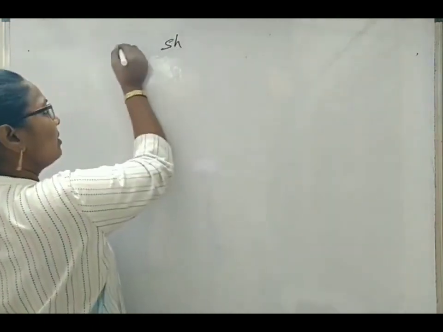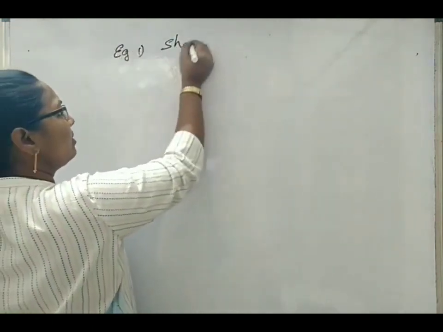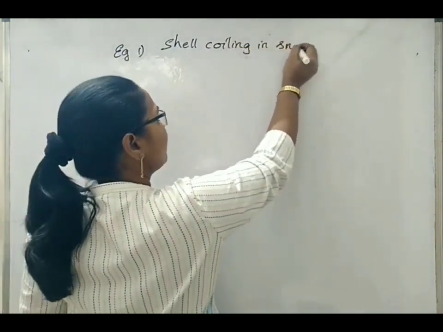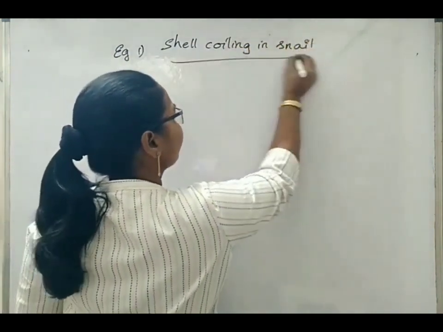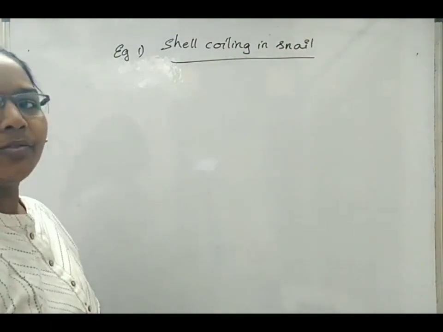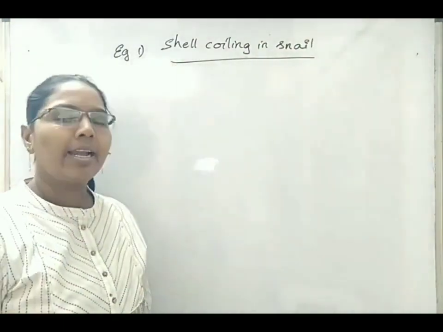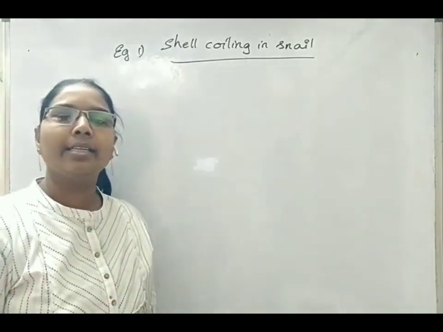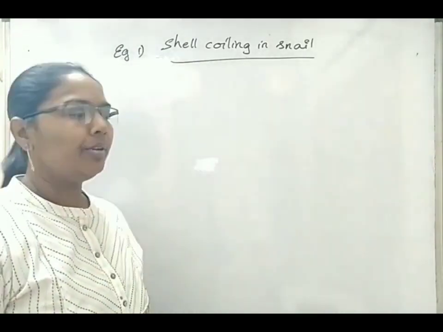Next, example 1, shell coiling in snail. We see 2 different types of shell coilings. One is a right-handed helix, that is clockwise directed, and the other is a left-handed helix, that is anti-clockwise coiled type of shell.